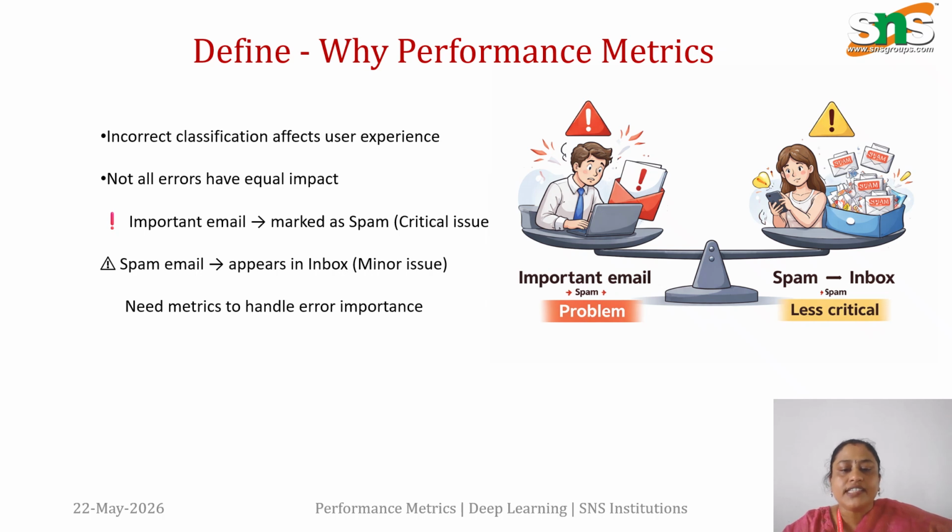One major challenge is that accuracy can be misleading, especially with imbalanced data sets. For example, take a cancer data set with 95% non-cancer cases. A model predicting non-cancer always may still achieve higher accuracy. That is why we need better metrics like precision and recall to evaluate.